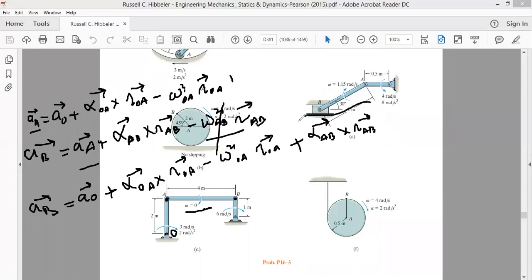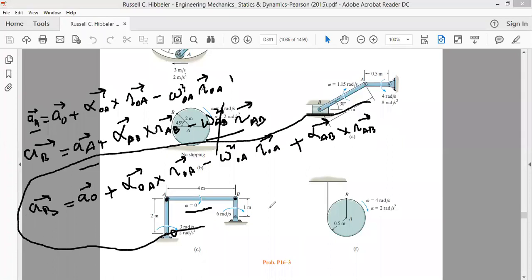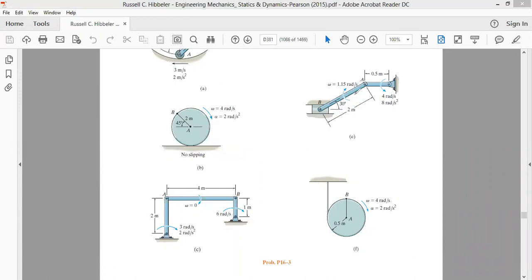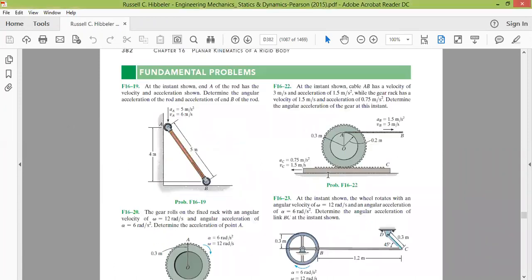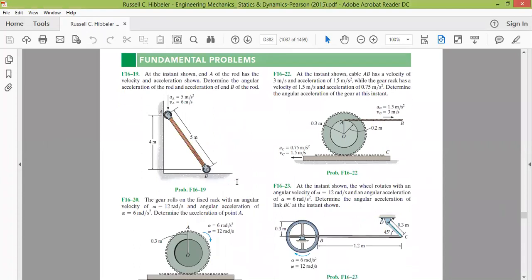That's it. This is the equation for acceleration. This gives the acceleration equation between point B and point A. This is what you have to write. In the same way, you write for point B and point A. So I request my students to write the acceleration equation between all these points.